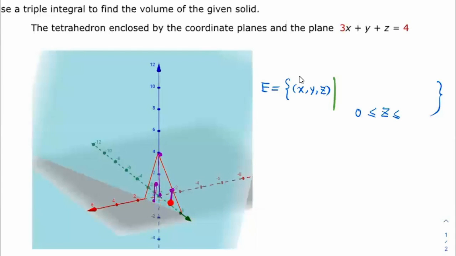So the Z can never go beyond this plane. If you go beyond this plane, it will be outside, not inside the tetrahedron. So this plane is the glass ceiling for this tetrahedron.